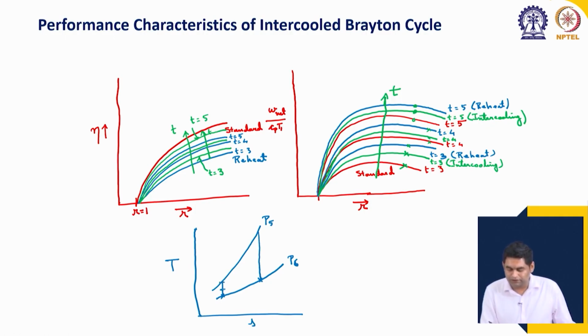So, for example, the work output change or work input change here will have a lower effect on the overall work output as compared to any work transfer change which occurs here, because here the distance between the constant pressure lines is high. So, the effect of reheating which occurs at high temperature is more drastic as compared to the effect of intercooling.